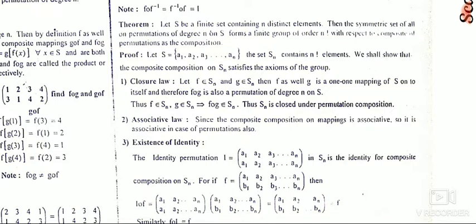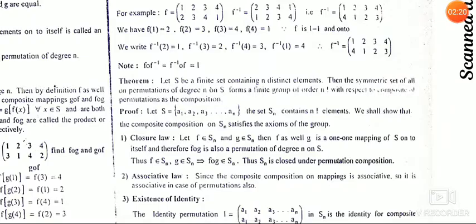Then the symmetric set Sn of all permutations of degree n on S forms a finite group of order n factorial. So this is the important thing. It forms a finite group of order n factorial.